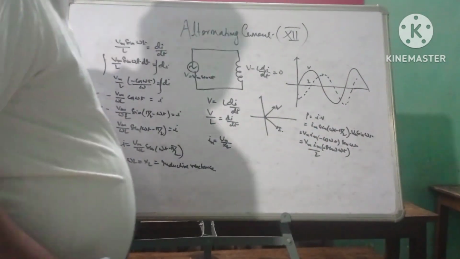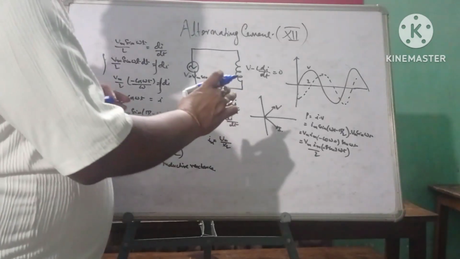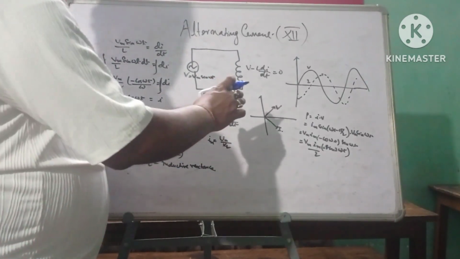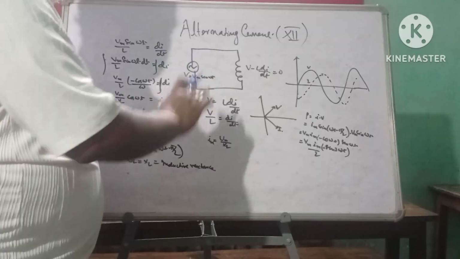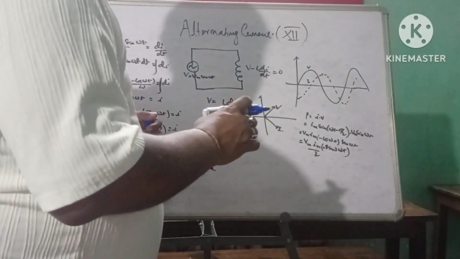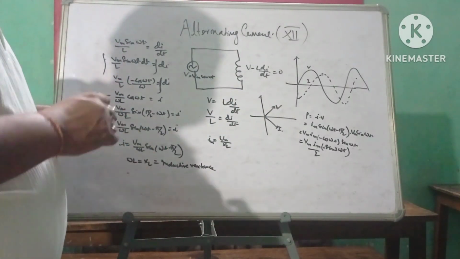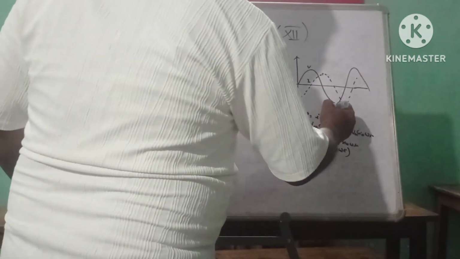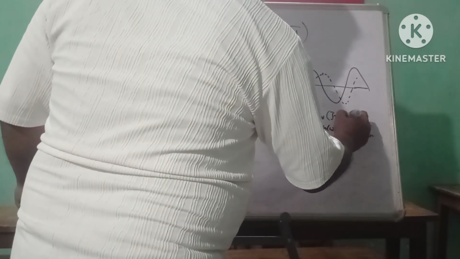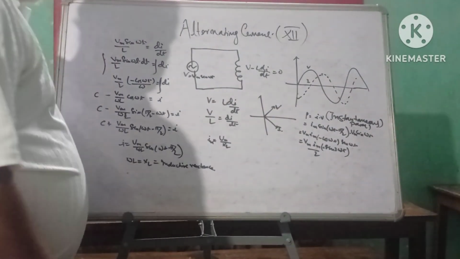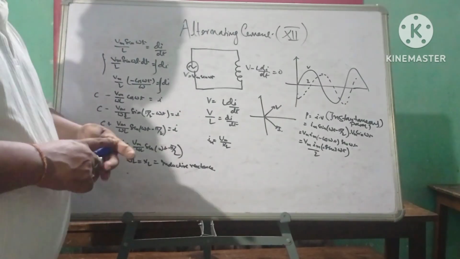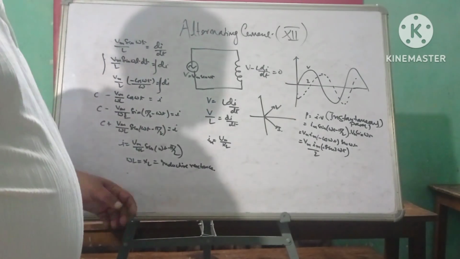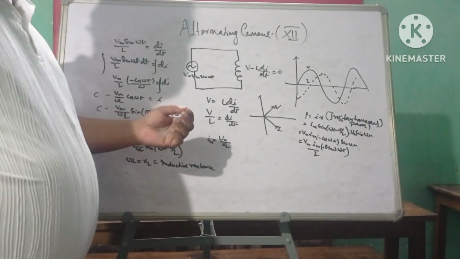Here both your current and voltage are fluctuating. You have studied already that at every instant your current and voltage are changing. So it is better to go for instantaneous power, because both are changing with respect to time.